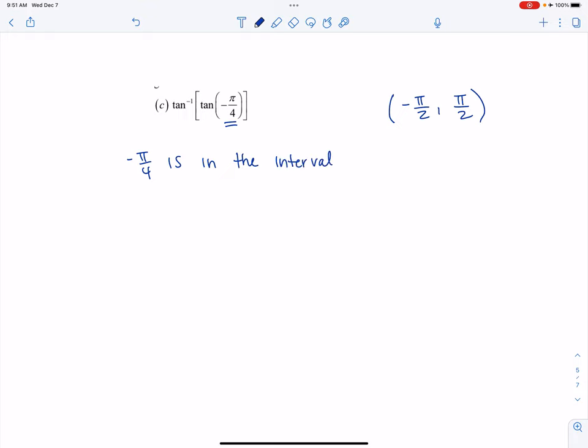We don't have to find the same angle in our interval. It already is in the interval. So tangent inverse of tangent of negative pi over 4, we have the inverses here, so we're left with negative pi over 4.